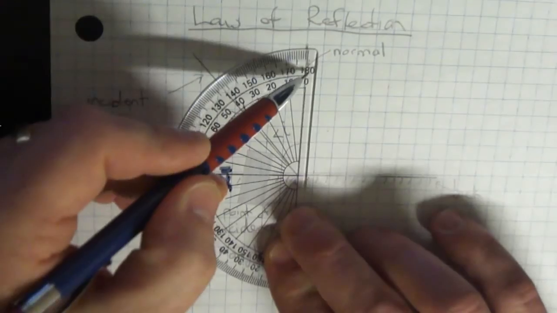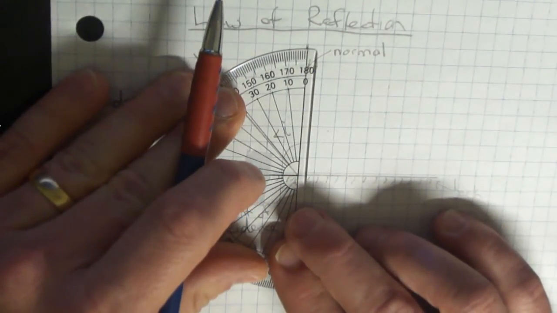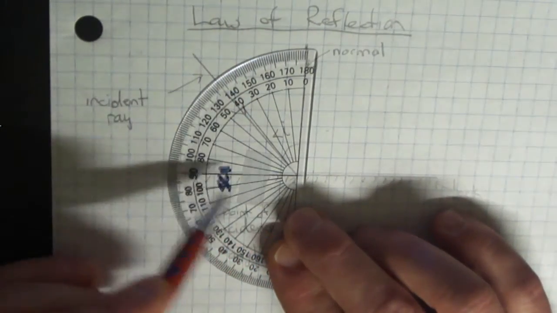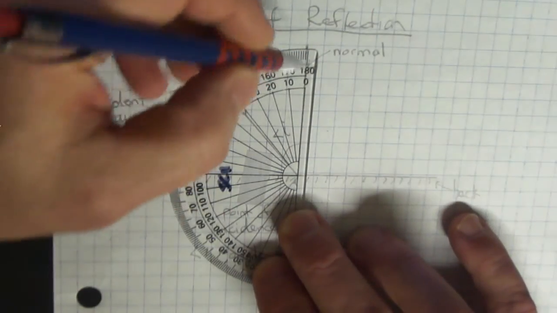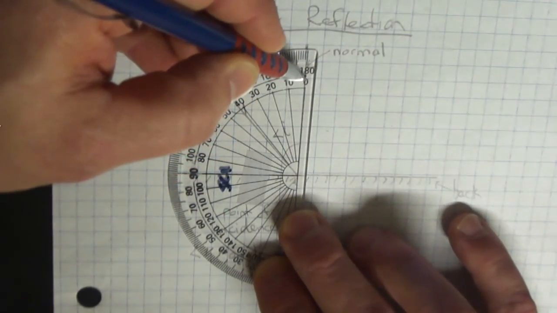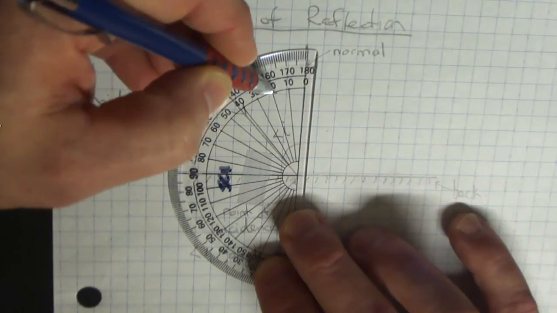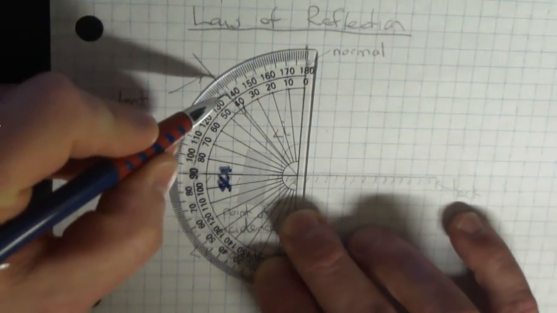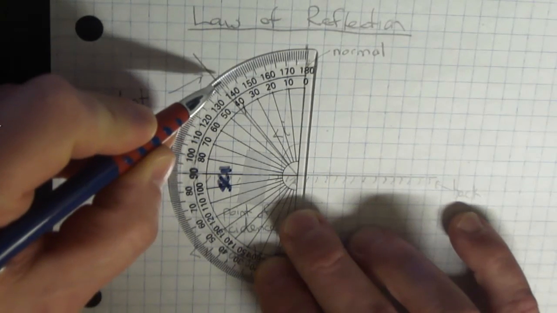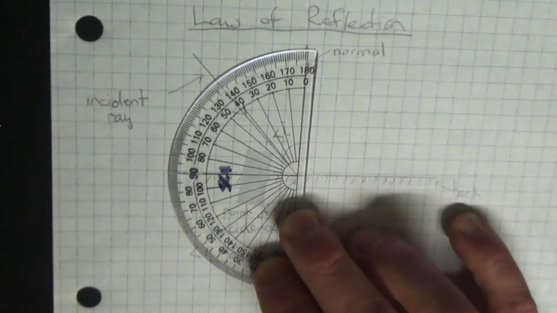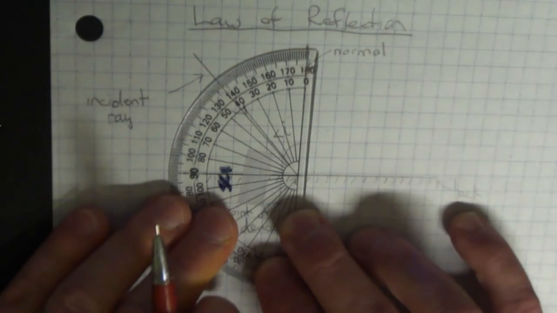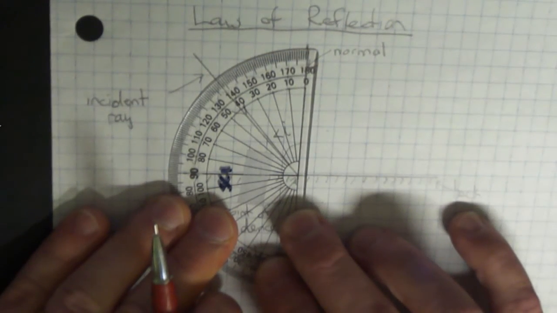So the zero is now up here on the normal, and the 90 is on the mirror. And now I'm going to measure 0, 10, 20, 30, 40. There's the 40 mark right there. 1, 2. My angle of incidence is 42 degrees.